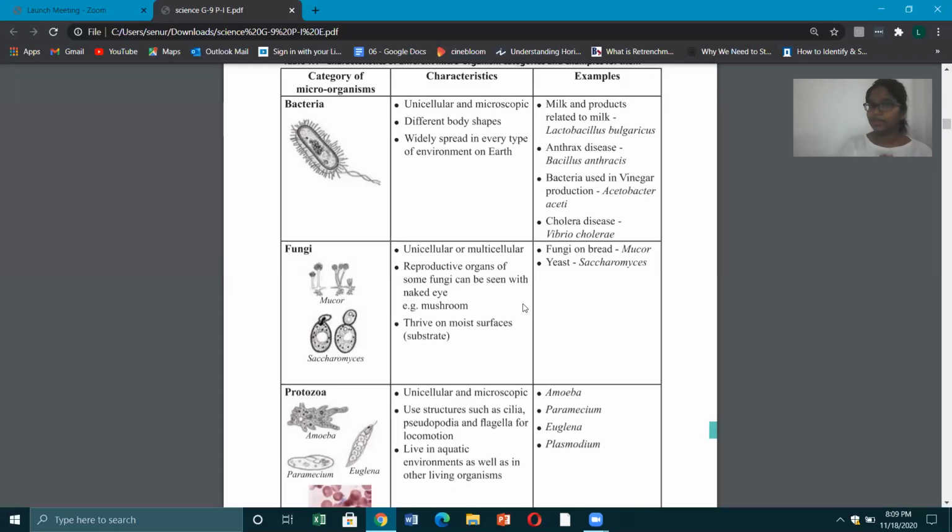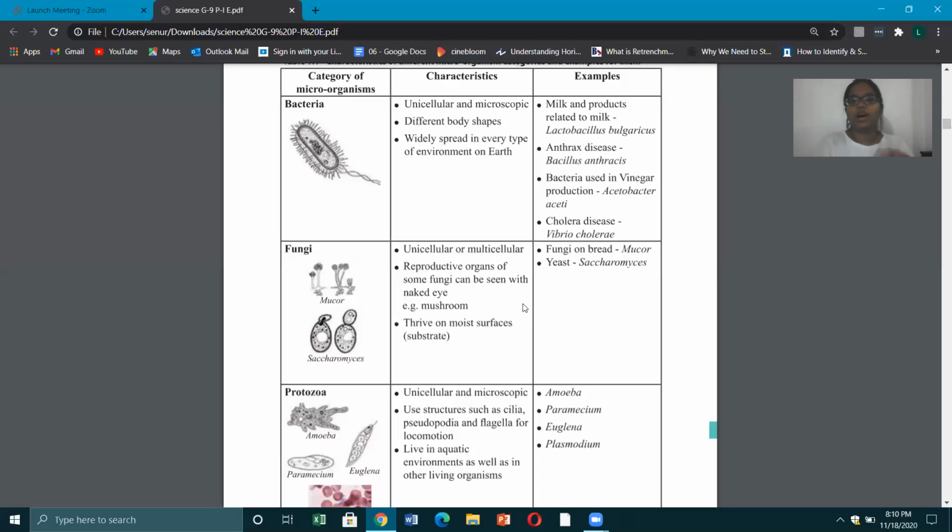The other thing is anthrax disease. That's a disease, children, caused by Bacillus anthracis. Also, bacteria are used in vinegar production, and the type of bacteria used is Acetobacter aceti. Also, I think you have heard about cholera disease. Who causes cholera disease? Vibrio cholerae.